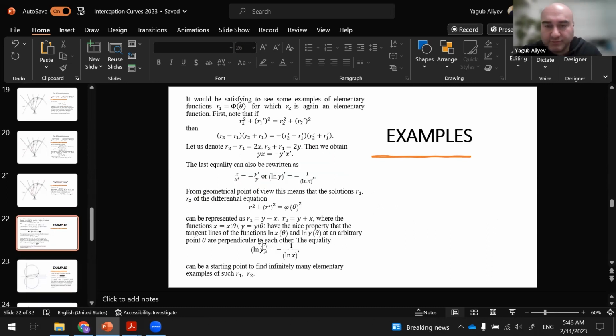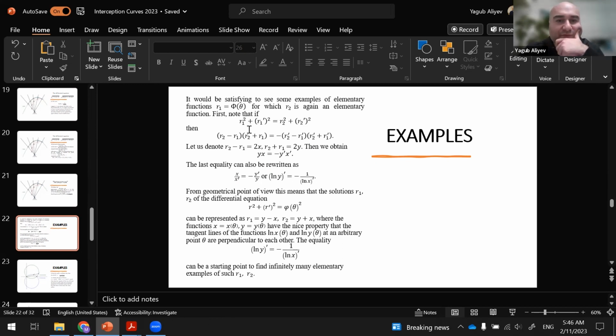So I have shown you examples where one of the functions is known, the other one is difficult to find exactly, but I tried to find also examples where both of the curves, both the given one and the new one, are explicitly written functions. I used this formula for it.